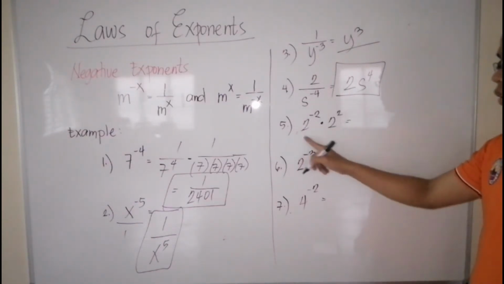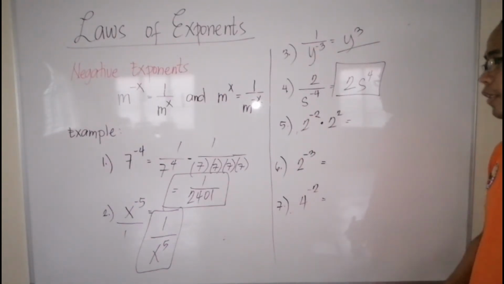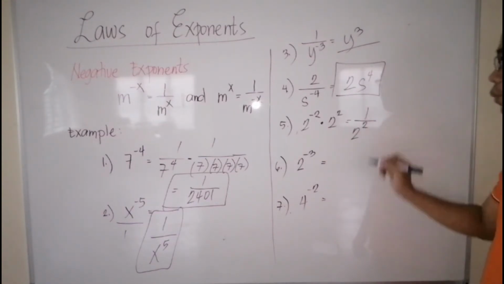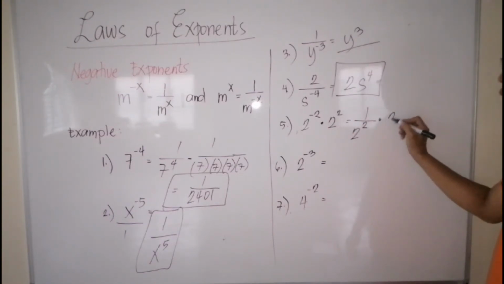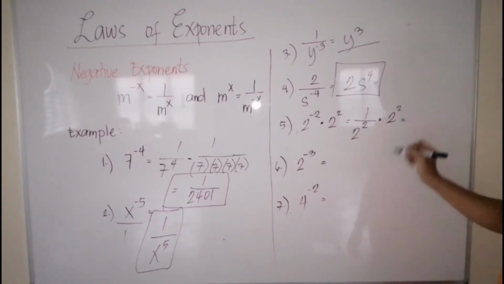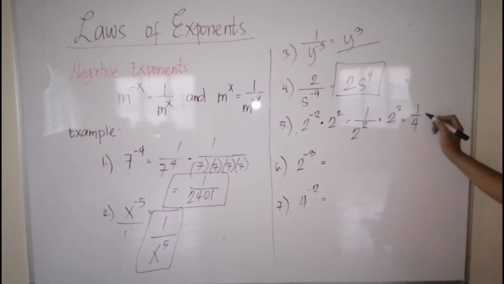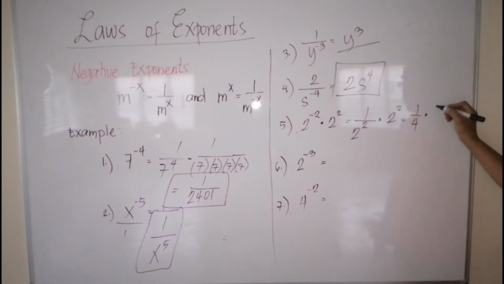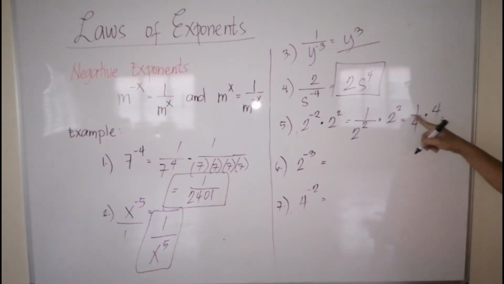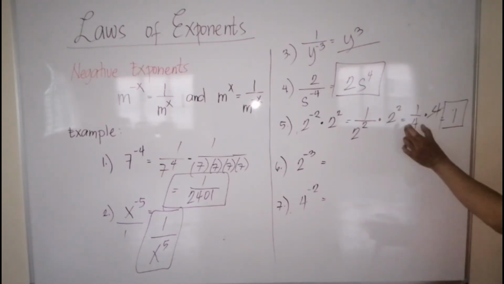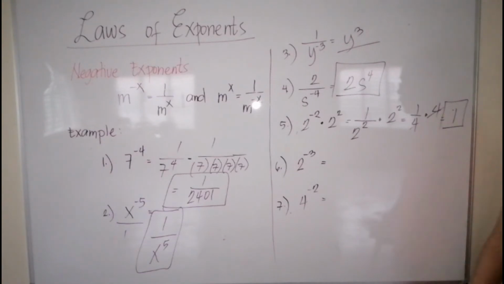Gawin mo siyang positive. So, magiging 1 over 2 raised to 2 times 2 raised to 2. So, simplify natin yan. 2 times 2 raised to 2, magiging 1/4 times 4. Or cancel na natin ito, magiging 1 ang kanyang sagot. Okay, let's say 1/4 of 4 is 1.